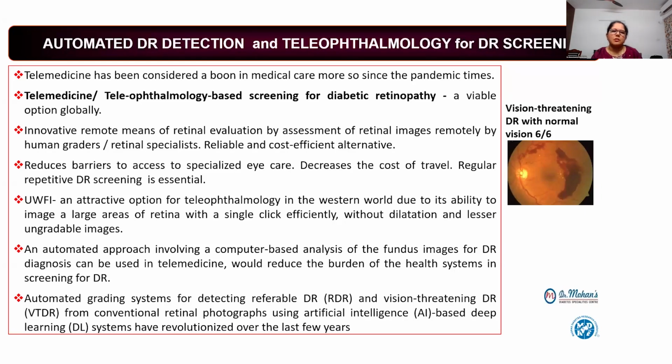And along with this, if there is an automated approach using AI and deep learning algorithms to detect referable DRs and sight-threatening DRs, even with ultra-wide field imaging, that is definitely going to help reduce the burden on the healthcare systems for detecting sight-threatening diabetic retinopathy.